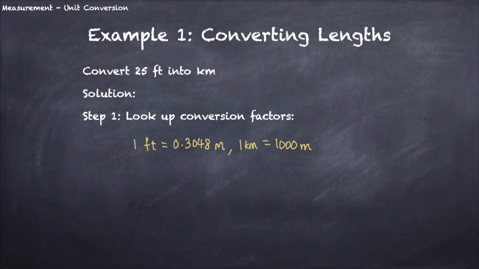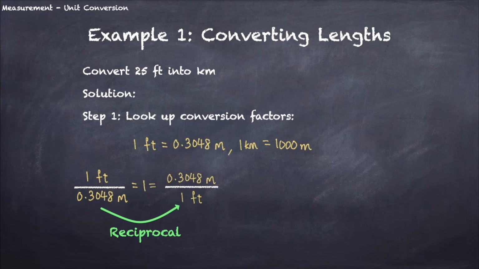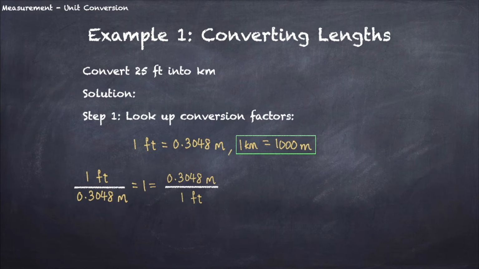Now let's focus on the first equation. If we divide both sides of the equation by 0.3048 meter, we get 1 foot over 0.3048 meter is equal to 1. But that means 0.3048 meter over 1 foot is also equal to 1. Alright, we can do the same thing to the equation on the right.